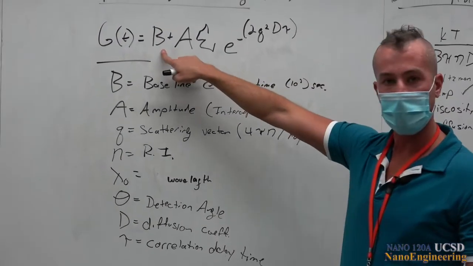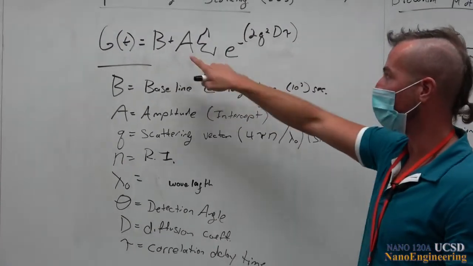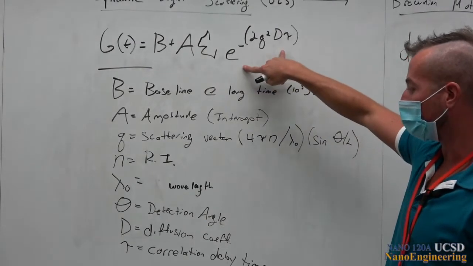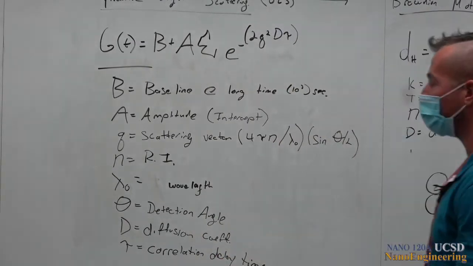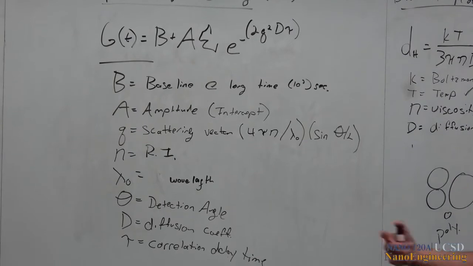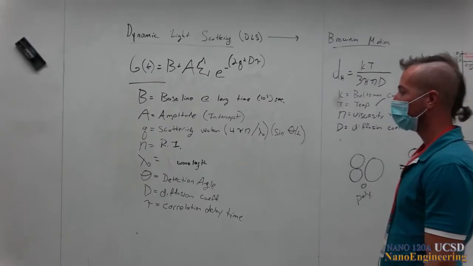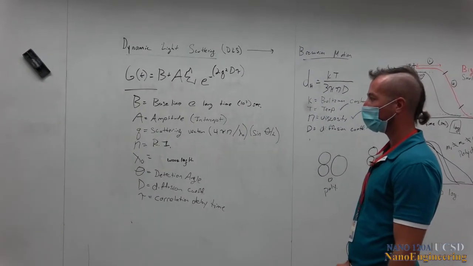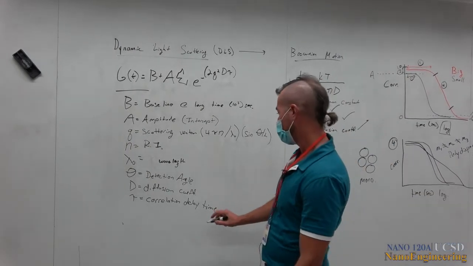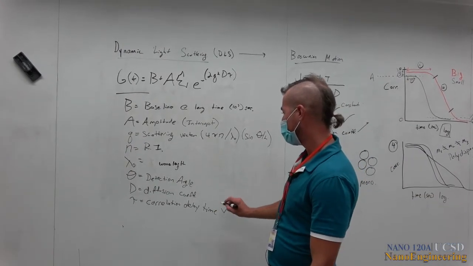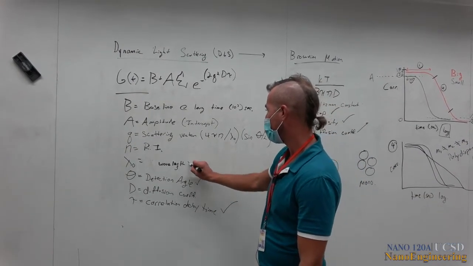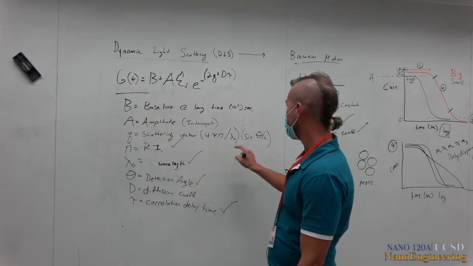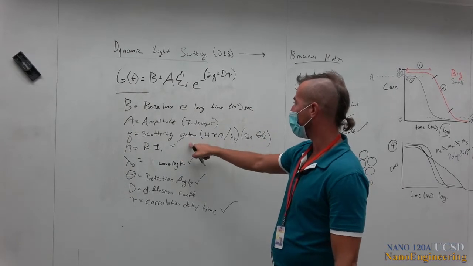Baseline remains constant. Amplitude remains constant. And then I have these multiple events at different correlation times. Correlation time 1, correlation time 2. Okay? So, I know this, I know this, I know this. I use these to calculate my scattering vector.